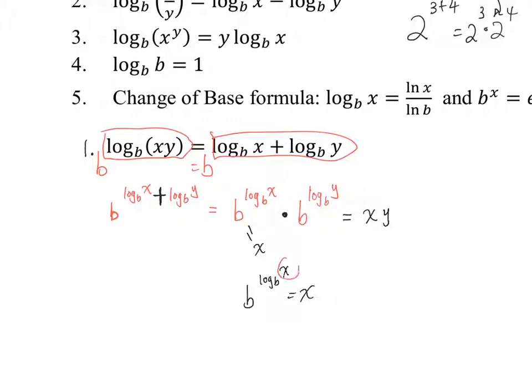So I'm going to use the same property. So in this case, apply to this xy, which means, think of this as your this guy, right? So it's equal to b to the log with the same base b of xy. So we are using the same identical property, but this time on xy.